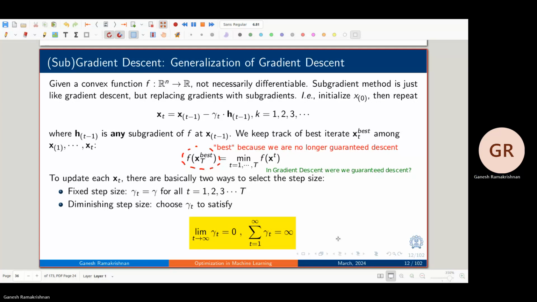Sorry? Even if I keep moving in the same direction, you should be able to get the minimum.